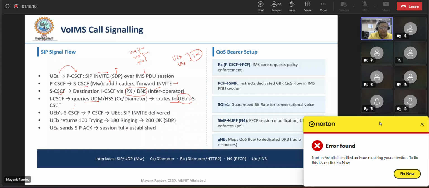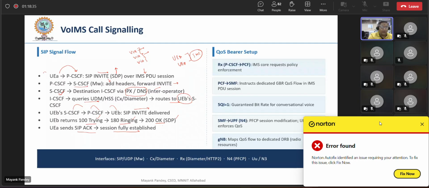From UE B's S-CSCF to the P-CSCF, the UE B SIP INVITE is delivered. UE B returns trying, ringing, OK. And finally, UE A sends the acknowledgement that the session is fully established. We'll be showing you all of this on Wireshark, how things are getting done.